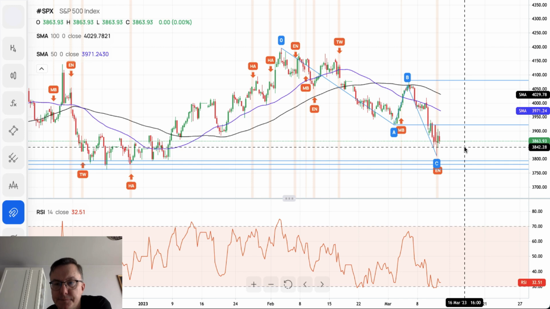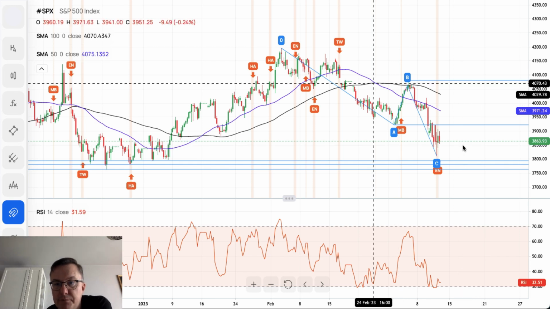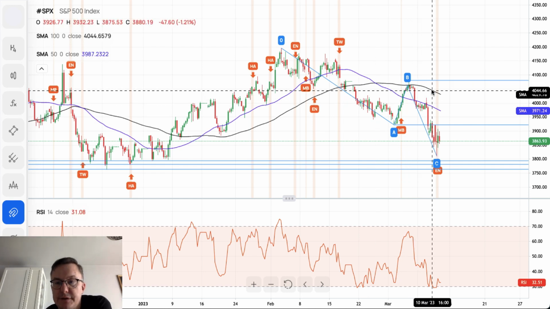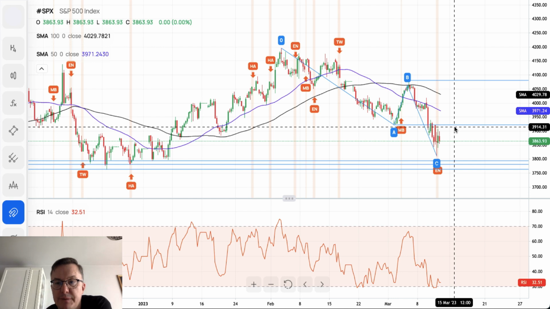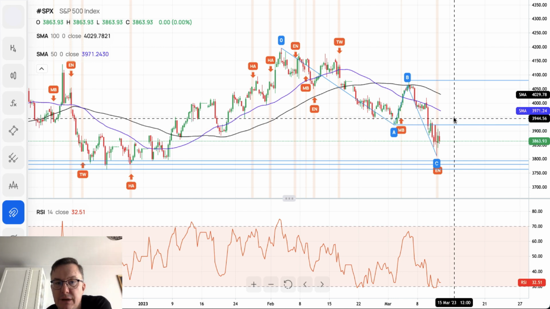So we got that situation on the S&P 500, but we are still trading below the 50 and 100 period moving averages. Both of them are respectively at 3,971 and 4,029 points.